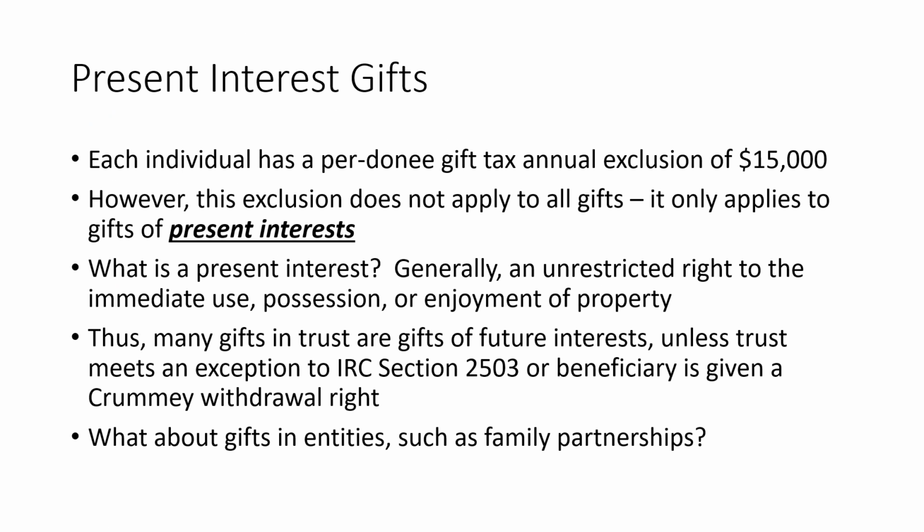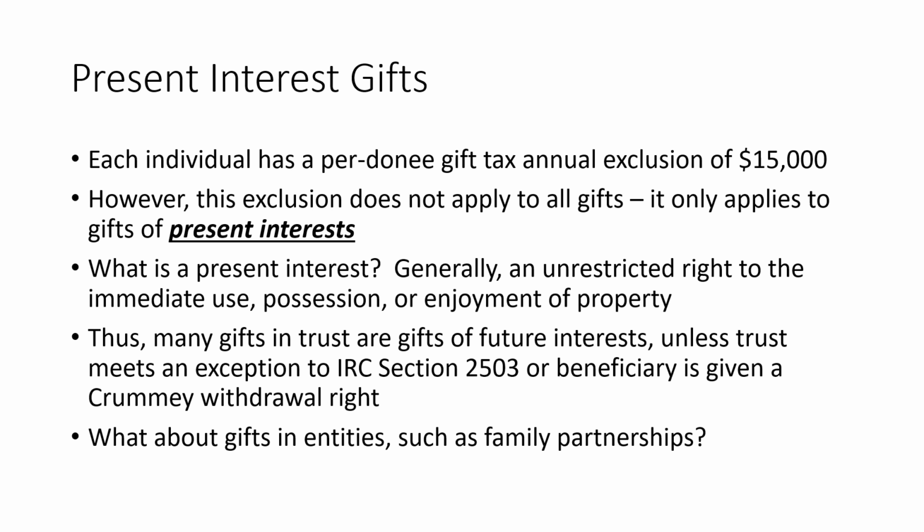It only applies to gifts of present interests. So what is a present interest? Generally, it's an unrestricted right to the immediate use, possession, or enjoyment of property. And it's because of that definition that many gifts in trust that are completed gifts will be treated as gifts of future interest for gift tax purposes.